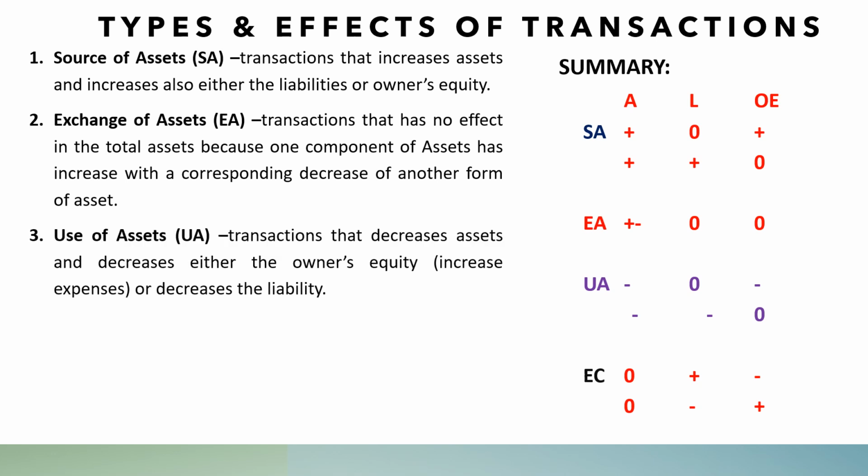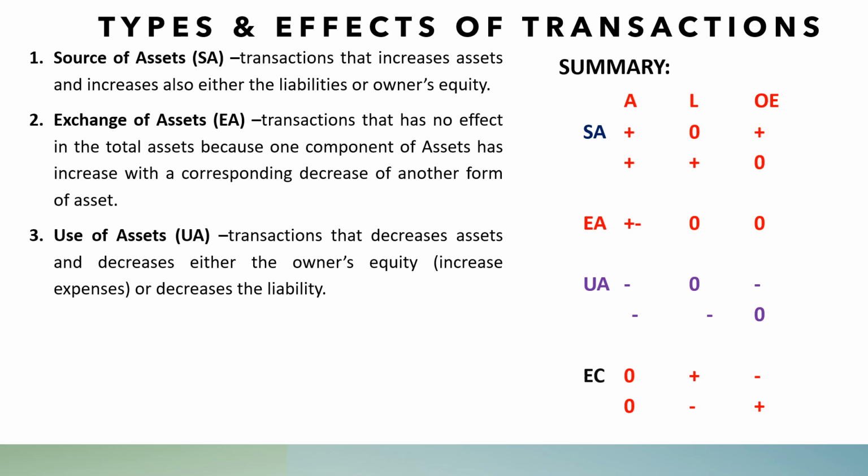The next type of transaction is use of assets, or UA. These are transactions that decrease assets and decrease either the owner's equity, in the form of an increase in expenses, or the liabilities. To illustrate this in the basic accounting equation, use of assets has the effect of decreasing assets and also decreasing owner's equity because expenses increase.